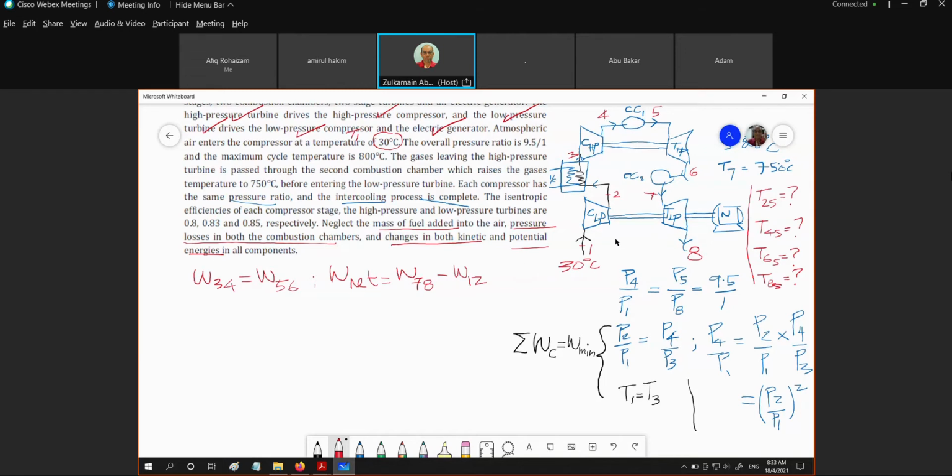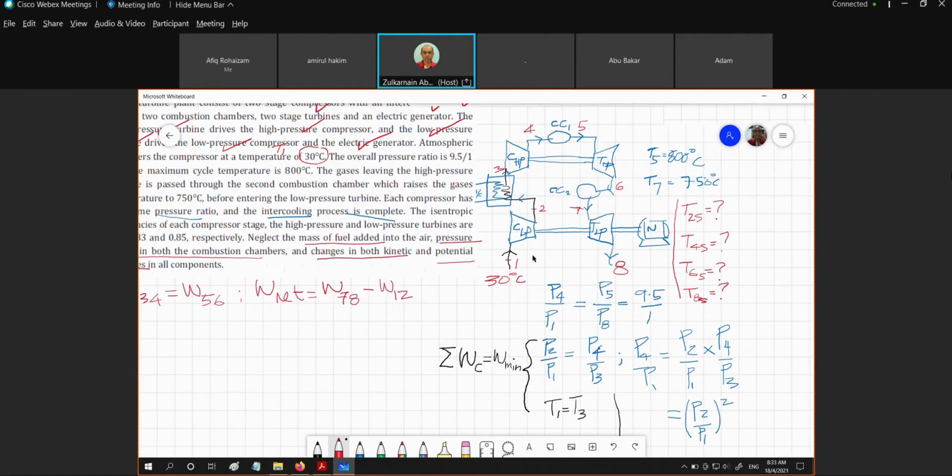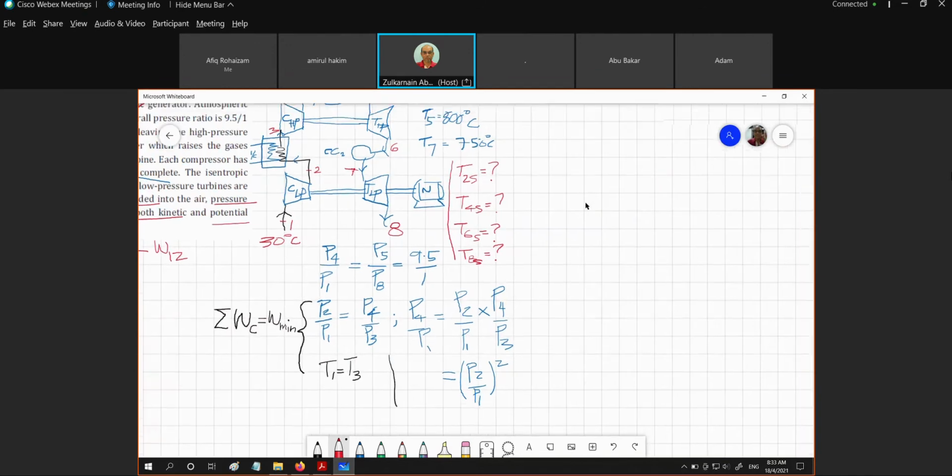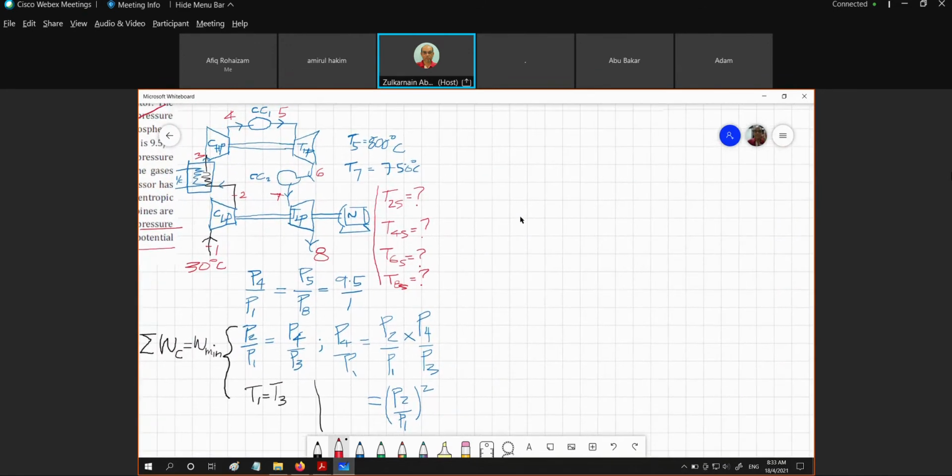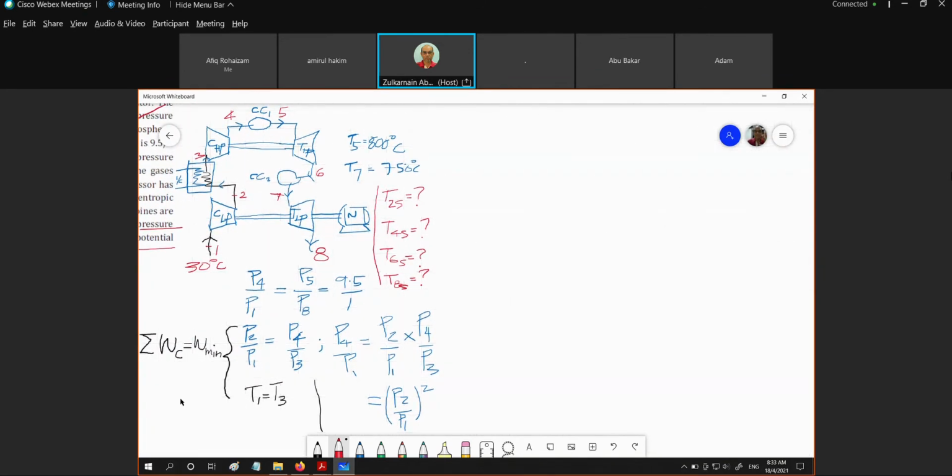So after saying that, what we are going to do right now is to sketch our TS diagram. Of course, the first pressure that we could sketch is the overall pressure ratio.